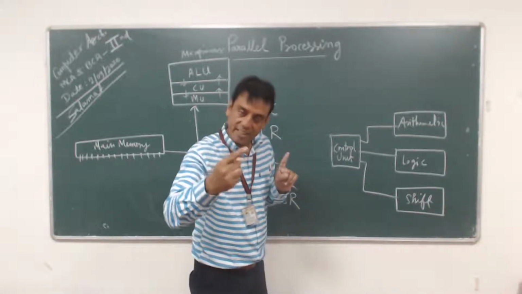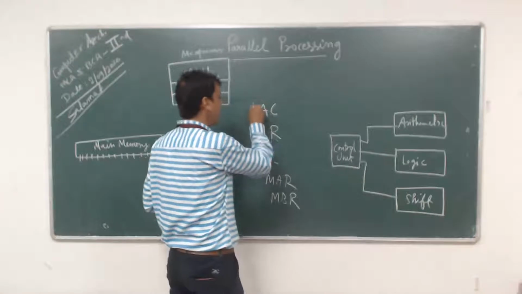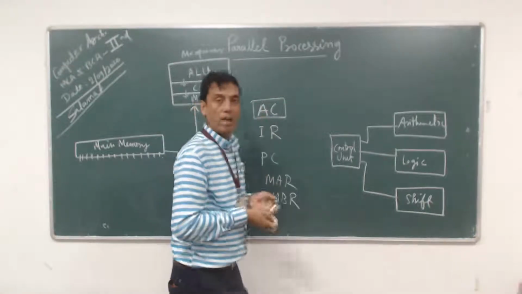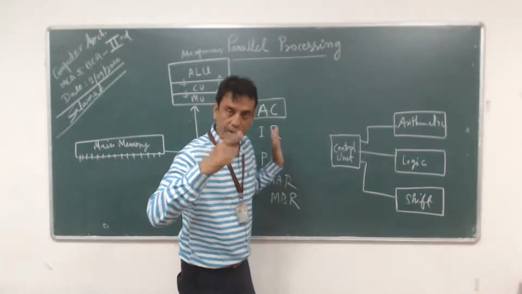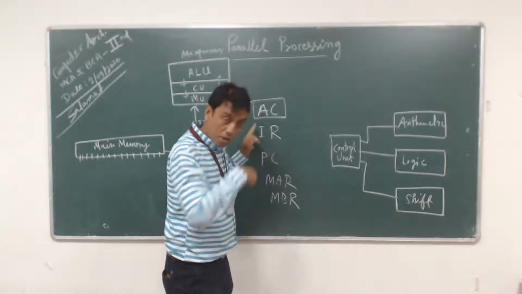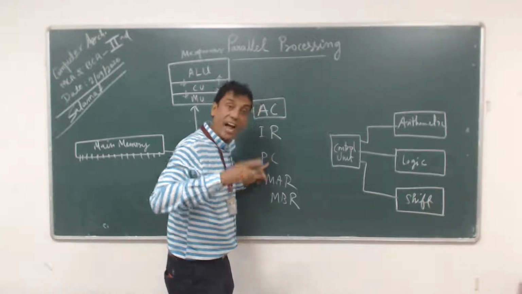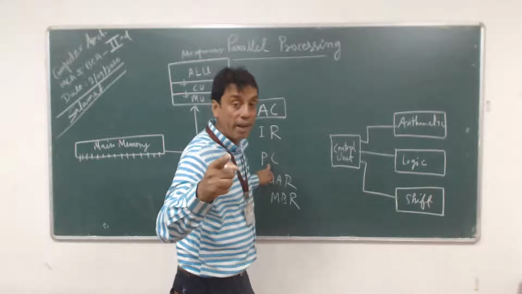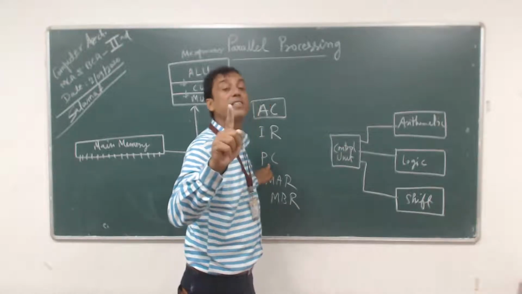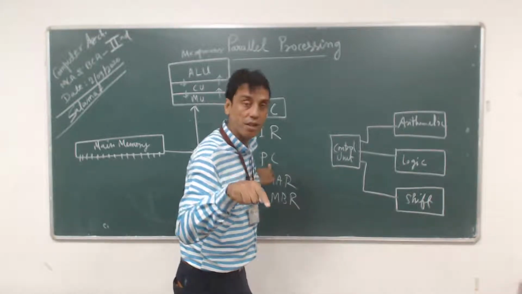After completing the process, it returns the result, and that result is stored in the accumulator. Next, what happens? The program counter holds the address of the next instruction to be processed, the address of the next instruction, not the instruction itself.